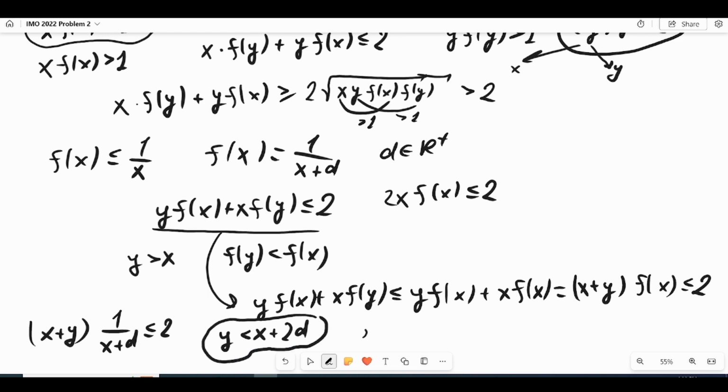Now we have used the fact that d was a positive real number, and we have broken the statement of the uniqueness of y and x. So for every number x, f(x) must be equal to 1 over x, otherwise we get the contradiction if we assign f(x) as 1 over x plus d.